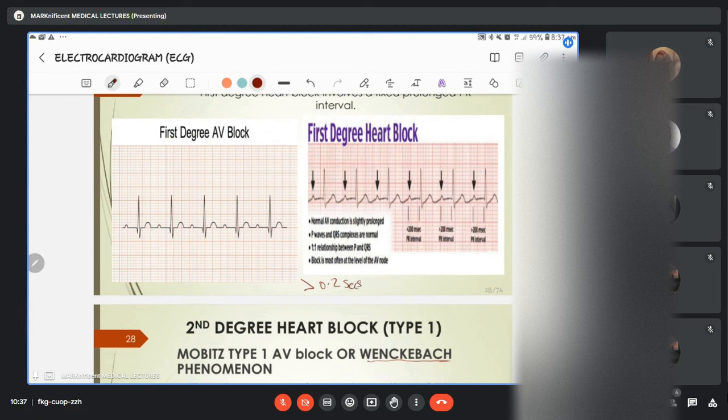Now, the prolongation in first degree is not changed. It is the same. So if it is going to be 0.24, the next PR interval will still be 0.24. The next will still be 0.24. There's no change. It is prolonged, more than 0.2 seconds, but it is still the same for each cycle.